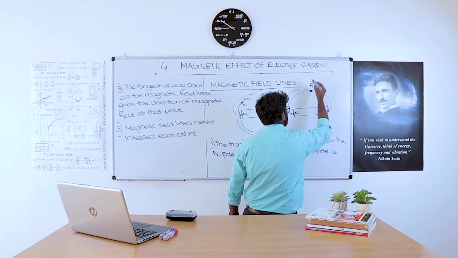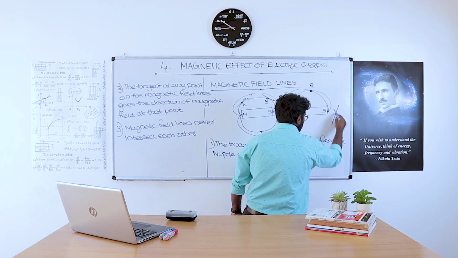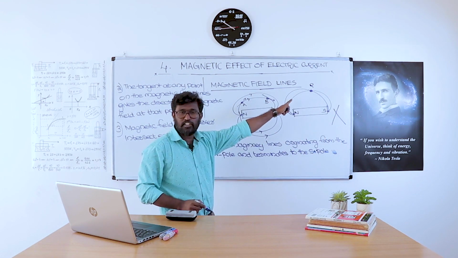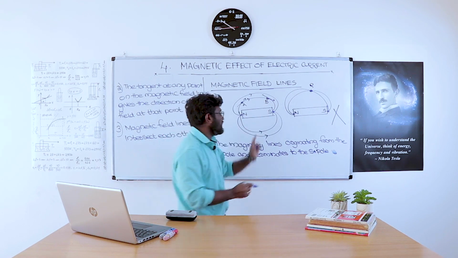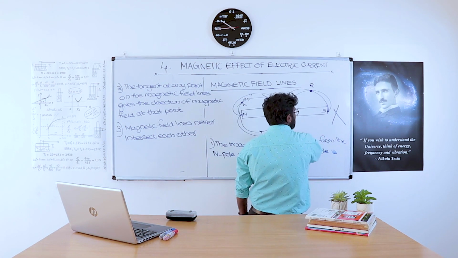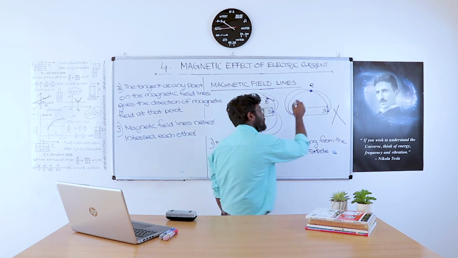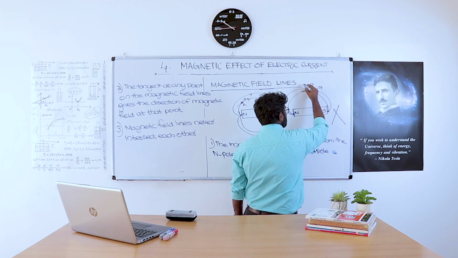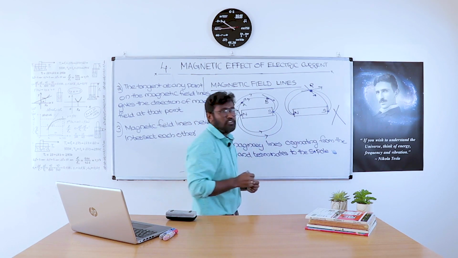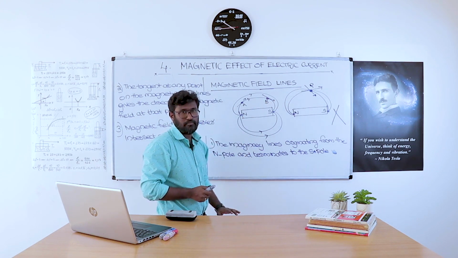At this point P, if they intersect each other, this is wrong. If they intersect each other at the point P, it will mean that at the point of intersection there will be two tangents, which means that there are two directions at the same point.